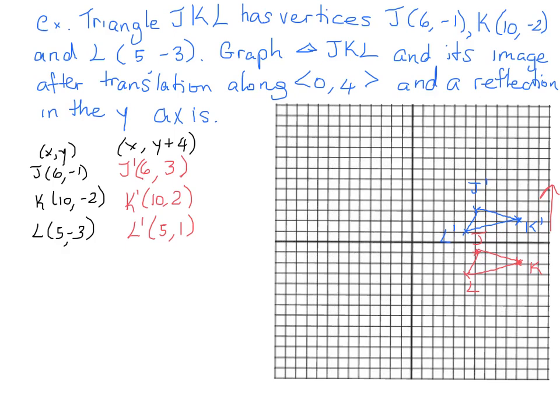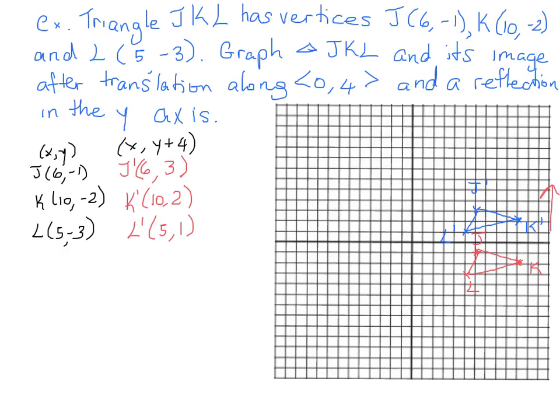So I'll repeat. Focusing in on L for a moment, from here to here will be the same as from here to the new image. So that means our y coordinates will stay the same for each of these points, but the x coordinate will just be the opposite sign.